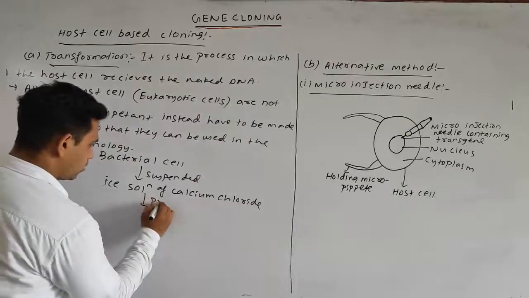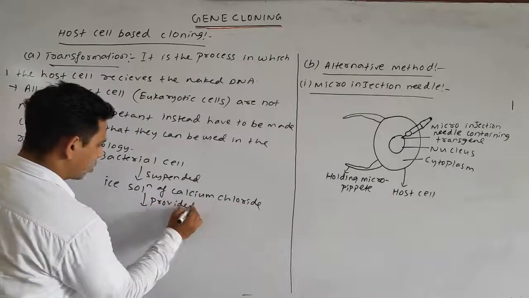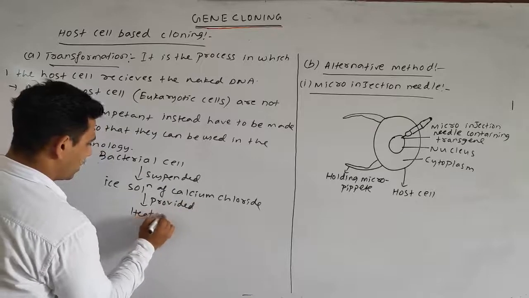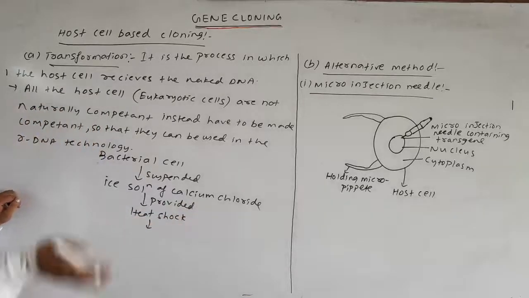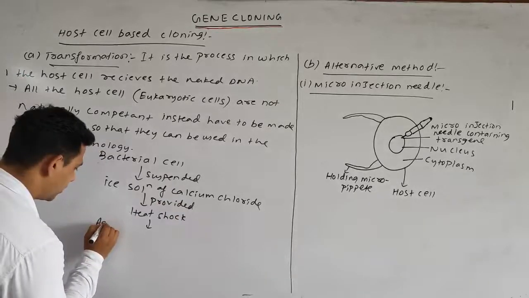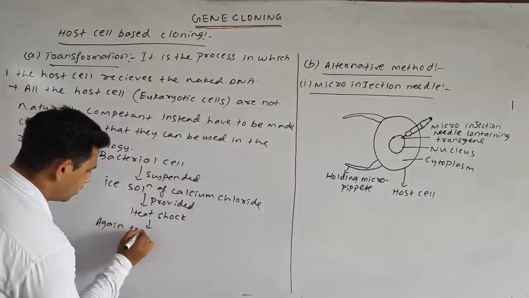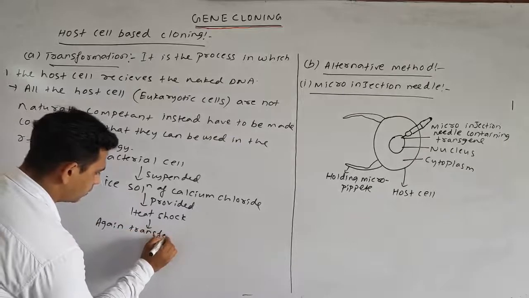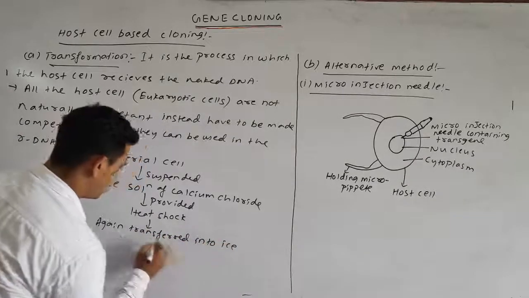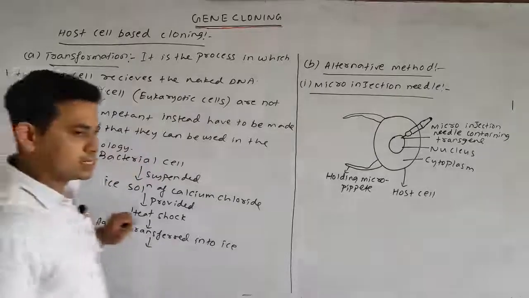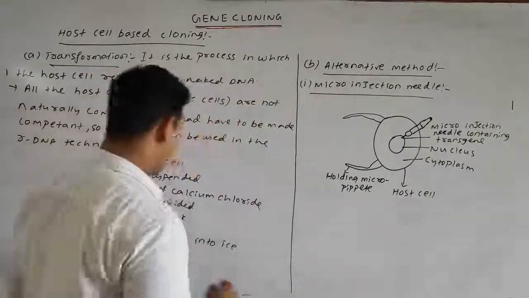Next, the heat shock is being provided. After the heat shock is provided, it is again transferred into ice. Now the bacterial cells become competent.